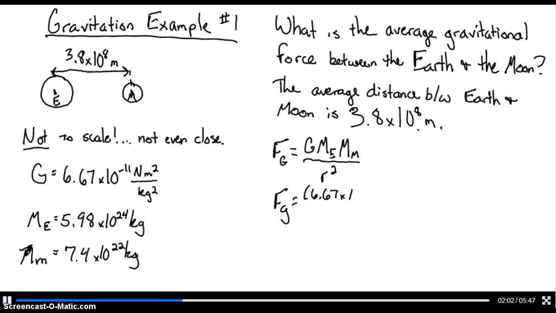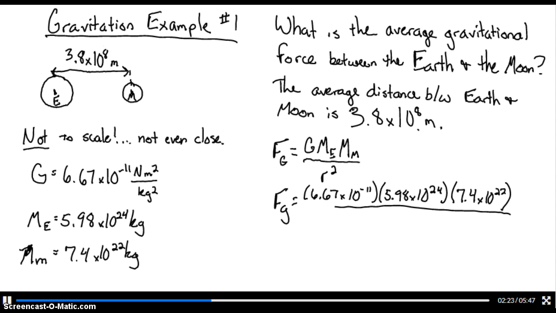6.67 times 10 to the negative 11th times the mass of the Earth, 5.98 times 10 to the 24th, times the mass of the Moon, 7.4 times 10 to the 22nd, and remember all those are in kilograms, over the radius, and our radius is in meters.